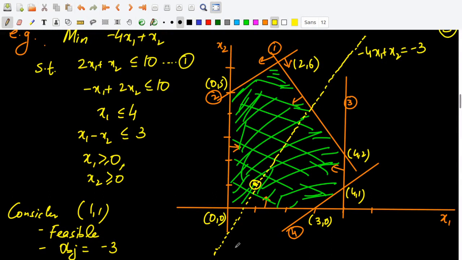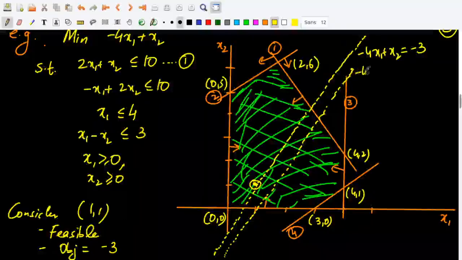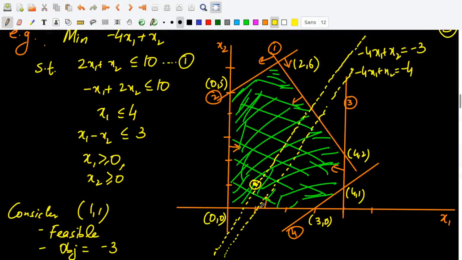I can start going slightly towards the right hand side and move to -4x1 plus x2 equal to -4, and for example the point (1, 0) actually lies on this line. So clearly this (1, 1) is not an optimal point. I can move to the right and get better points.